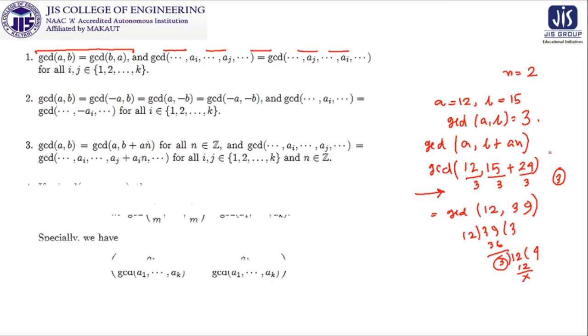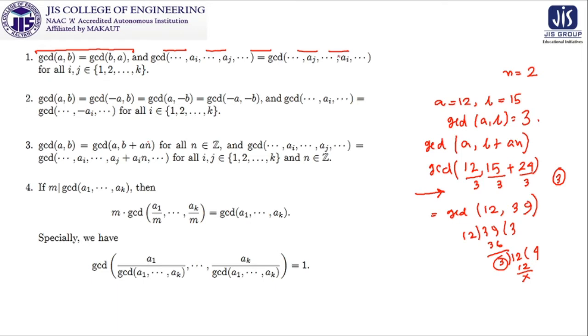So proceeding further, we get the fourth property: if M divides GCD of A1 up to AK, you can take the first 2 or 3 numbers, then we will go for the general one. Then M into GCD of A1 by M, A2 by M, that means all the internal numbers will be the same.